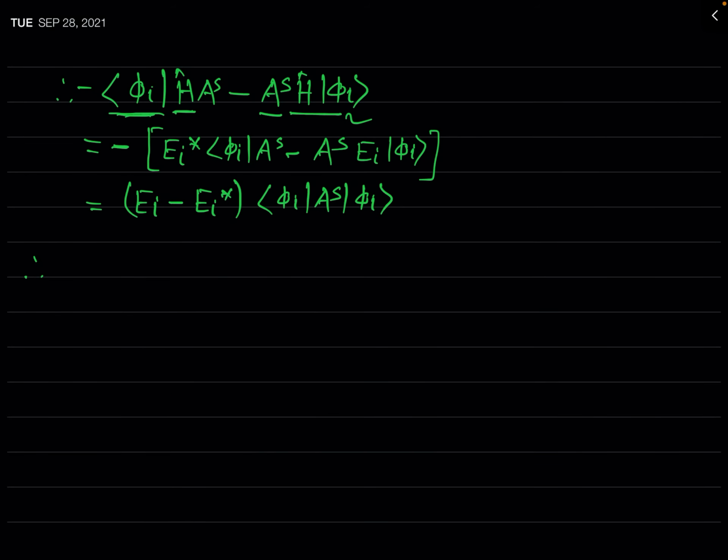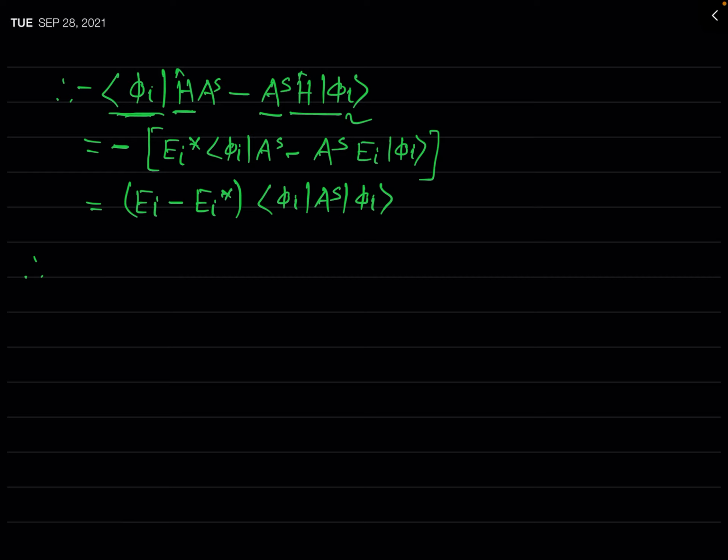Since the operator h hat is a Hermitian operator, and you have already studied Hermitian operators in previous lectures in detail, the eigenvalues of a Hermitian operator are real.